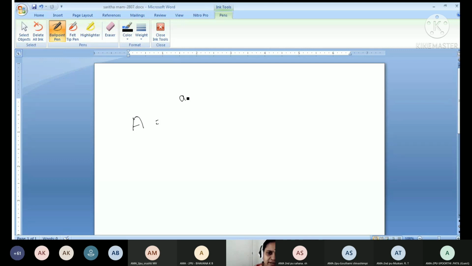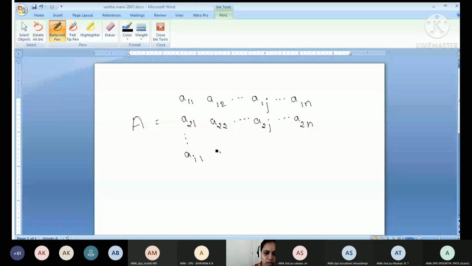So it is A11, A12, and so on. It is A1j, and so on, A1n. Now, second row, A21, A22, and so on, A2j, and so on, A2n, and so on, Ai1. It is the ith row, Ai2, and so on, Aij, and so on, Ain.